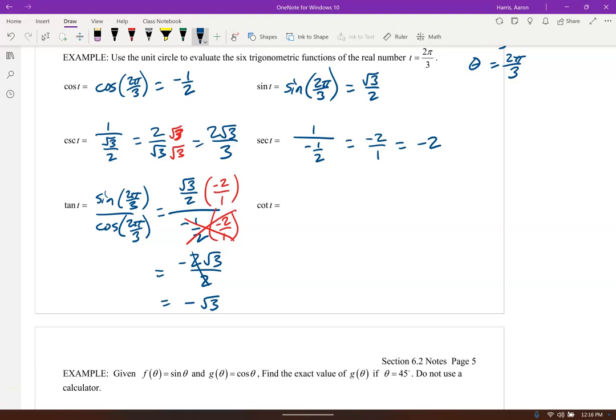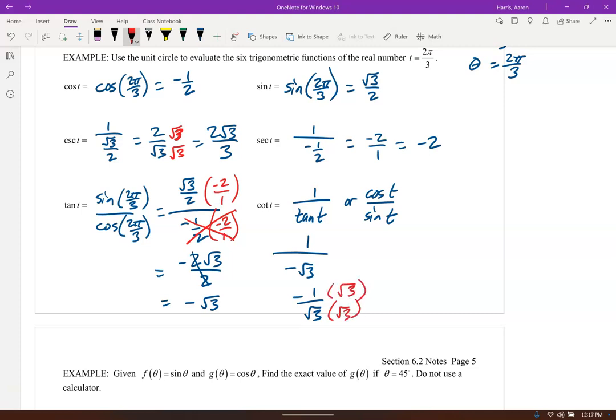Cotangent would flip that around. So it's 1 over the tangent. Or you could do cosine over sine. Either one of those. But let's go ahead and just go 1 over tangent. Let me take that negative up top. And then let me rationalize that. So we got -√3/3. And there's our cotangent.